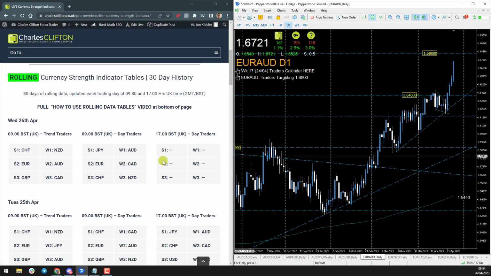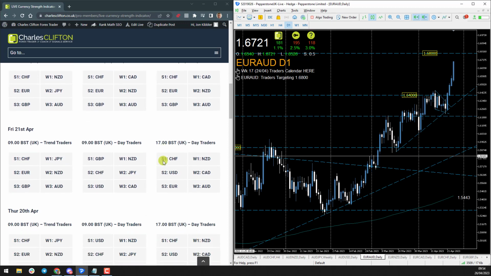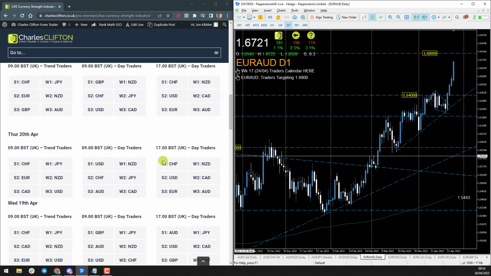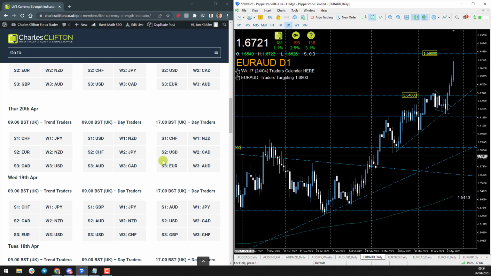Now if I go to the 20th of April on our rolling data, we actually get what I call the pre-signal. The pre-signal forms just before confirmation, where we start to see that one or both of the currencies start to appear in confluence on the tables.